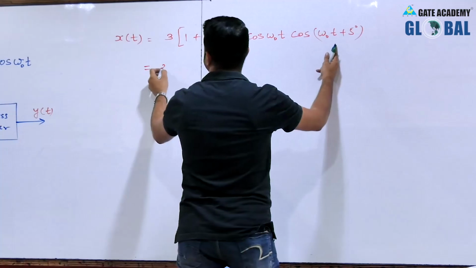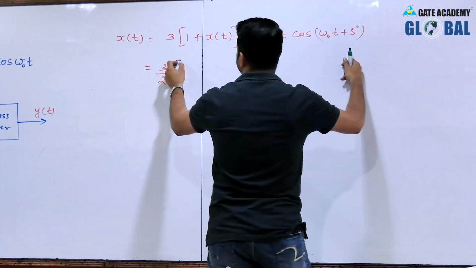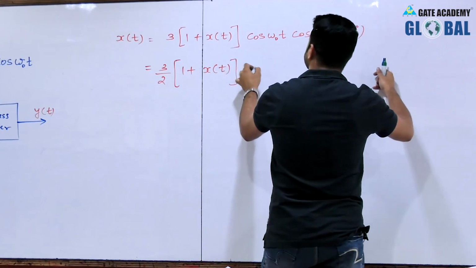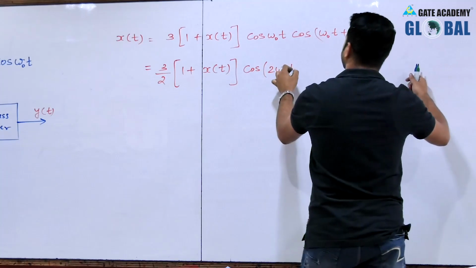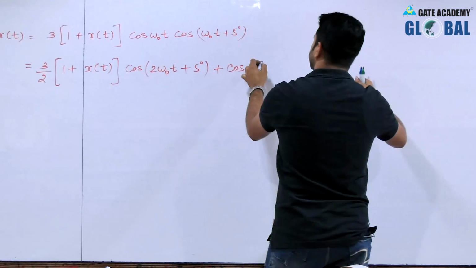When we multiply this, we use the formula for 2 cos A cos B, which is cos of A plus B, that is 2 omega naught t plus 5, and cos of A minus B, that is cos 5.